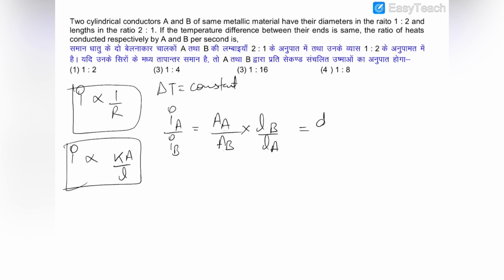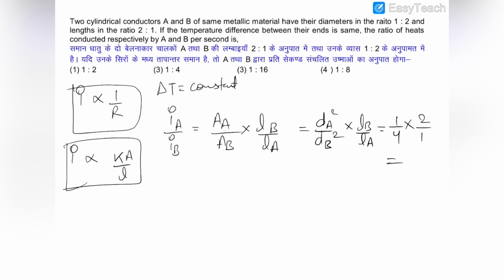So we can say that this is dA square by dB square and this is LB by LA. So dA square by dB square, the ratio of the diameters is 1:2, so it is 1:4, and LB by LA is 2:1.